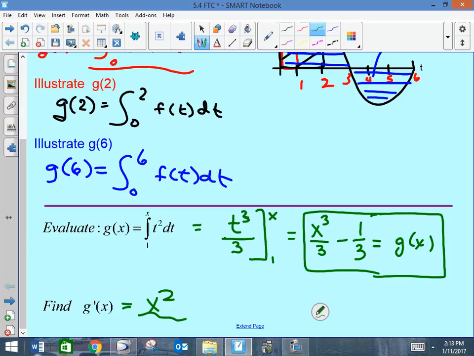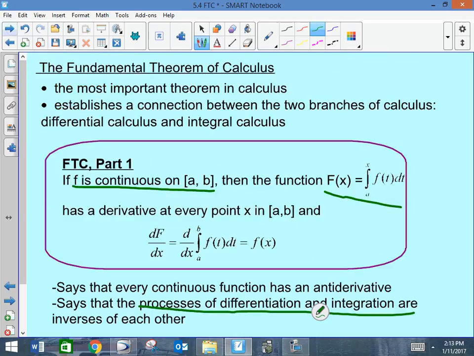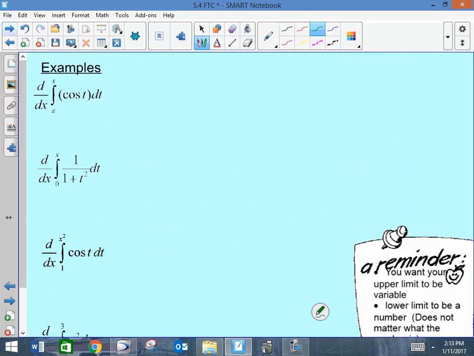So let's think about this. If we know a derivative and an integral are inverses of each other, and I want the derivative of an integral, then there's an easier way to do that than what we just did. So here we go. This is the derivative of this integral. Don't forget that's what we're doing. Even though sometimes we forget the notation, d dx means I want to take a derivative of an integral.